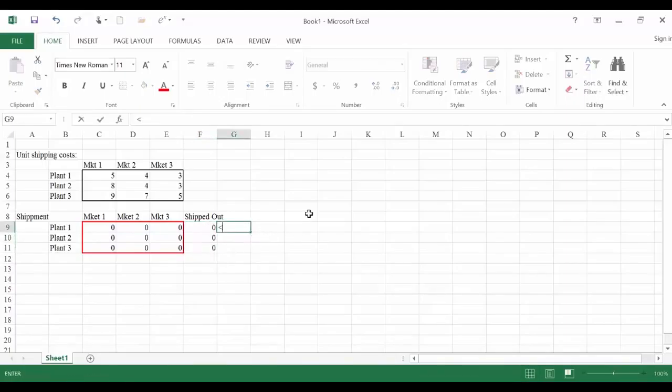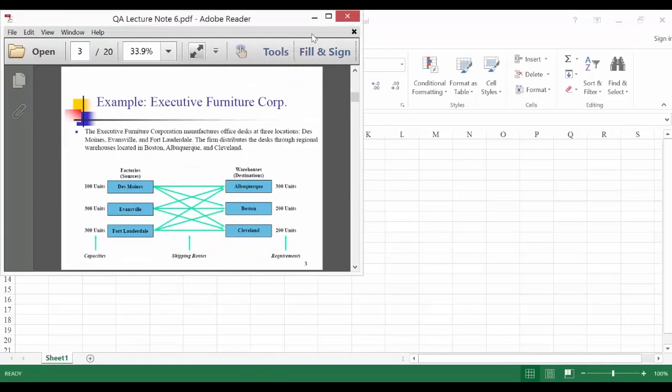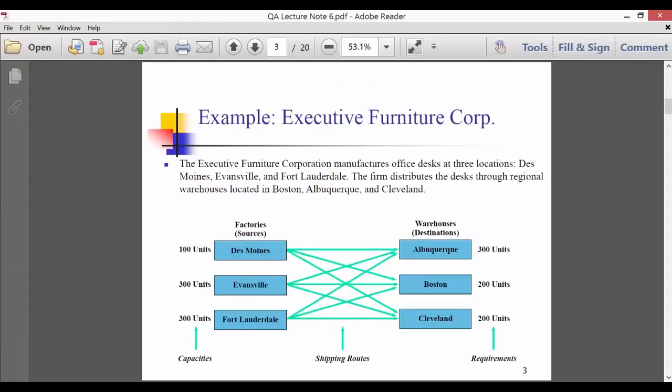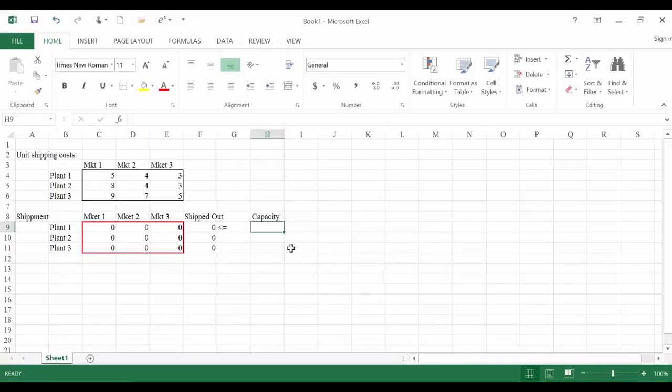We know it should be less than or equal to the capacity, so 100, 300, and 300.